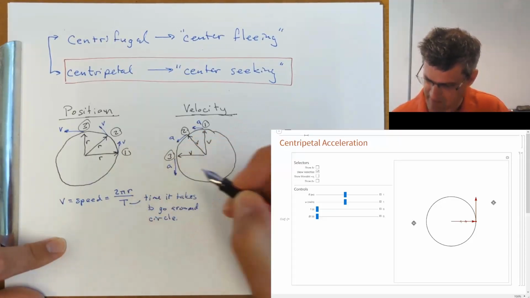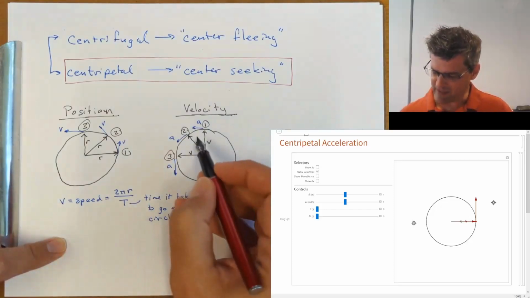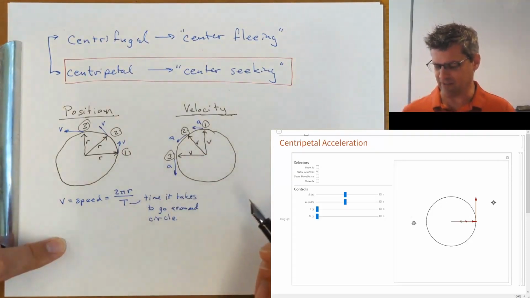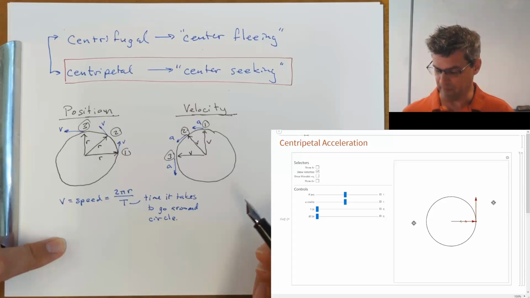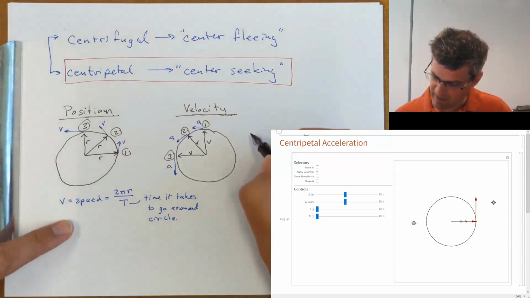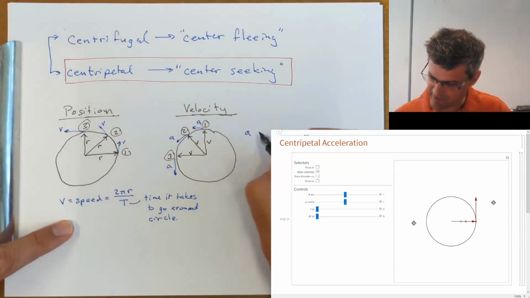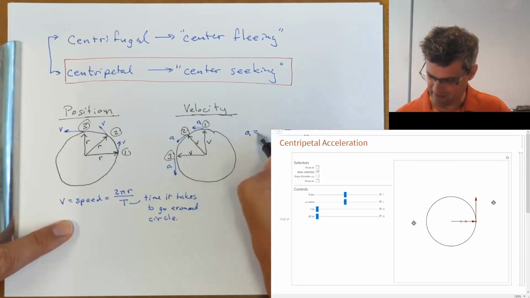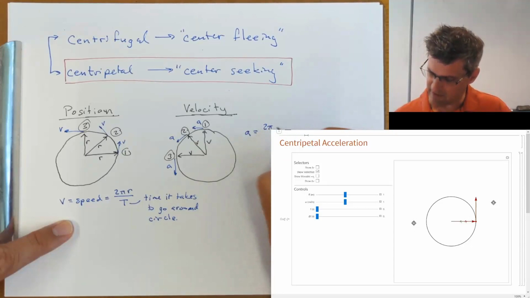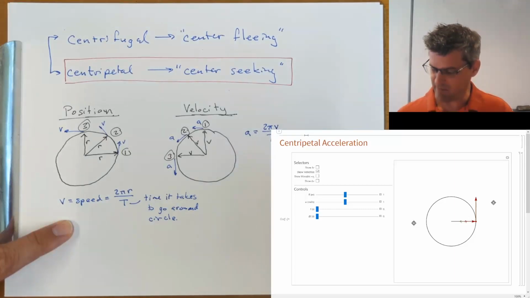This must be an acceleration vector, and these accelerations are all going to have the same magnitude, right? So here, if I wanted to find out what the magnitude of this acceleration is, this, using similar methodology, must be 2 pi v over that same period.